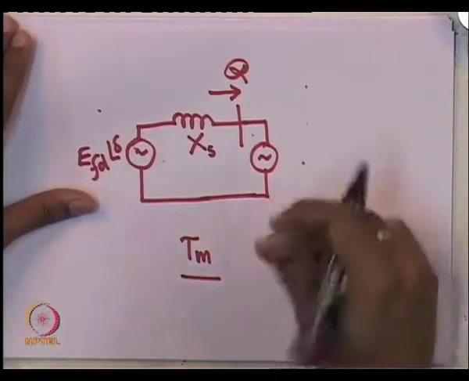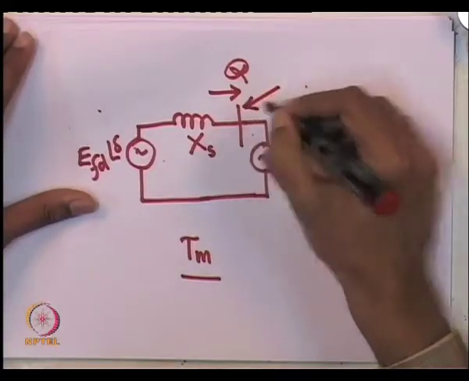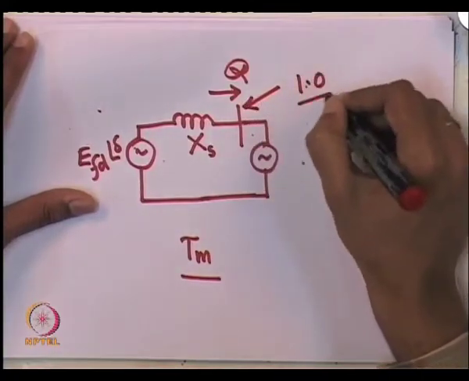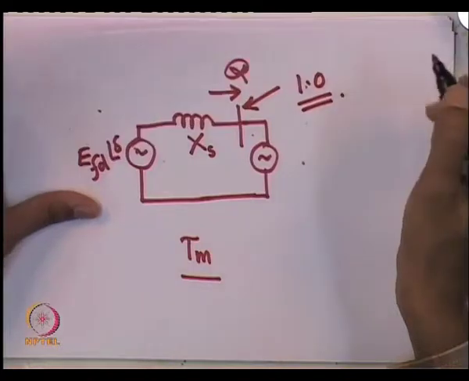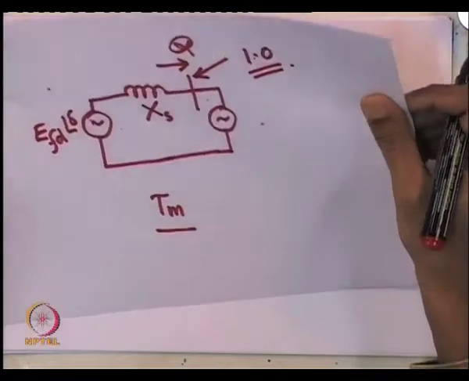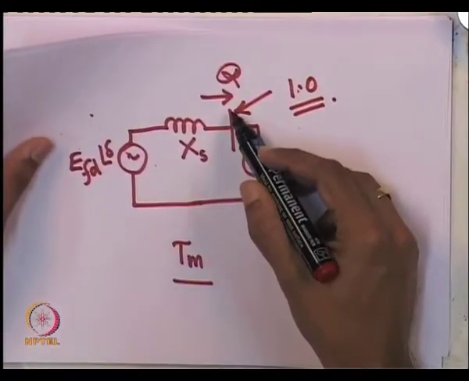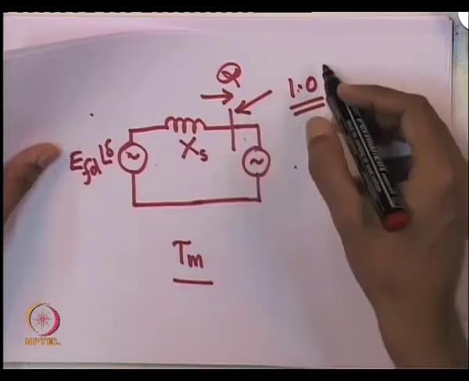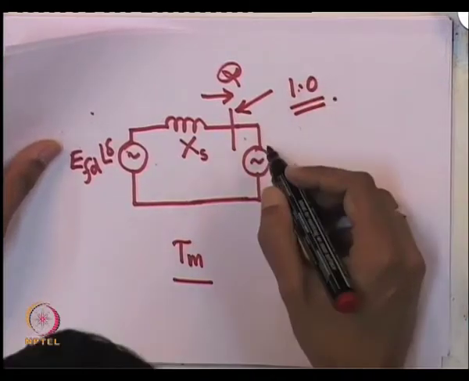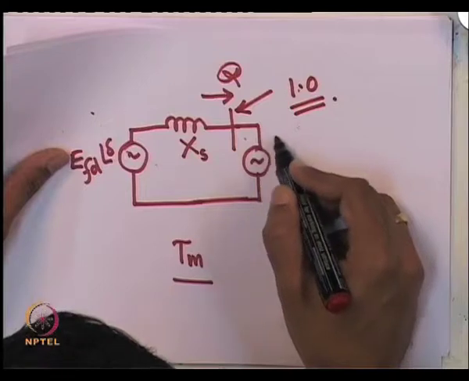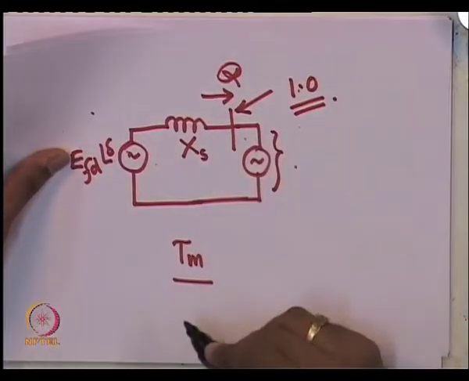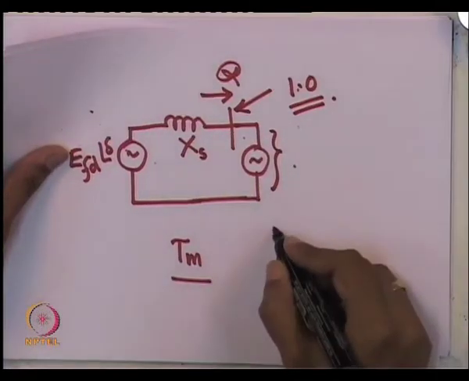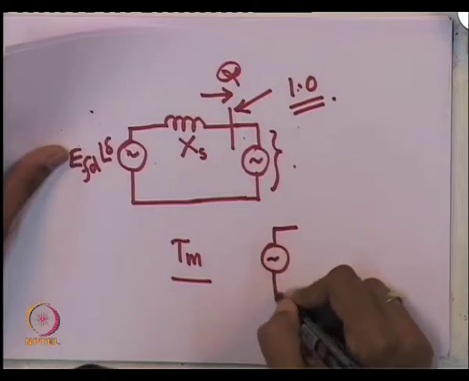Of course, we do need to maintain the terminal voltage near about 1 per unit, but if you try to keep this voltage slightly greater than this, remember that although I have represented the rest of the system as a voltage source, it actually is something like this.